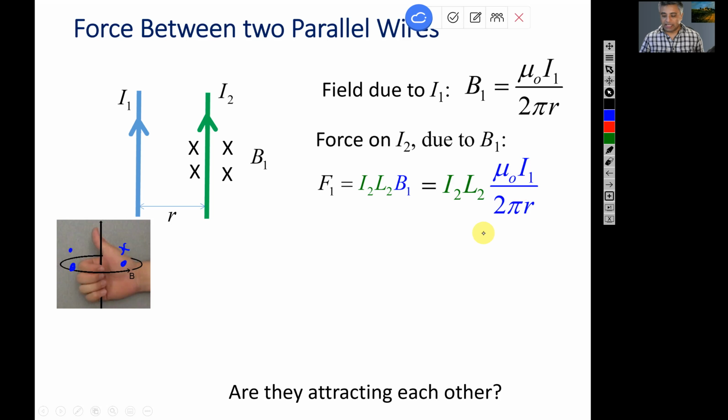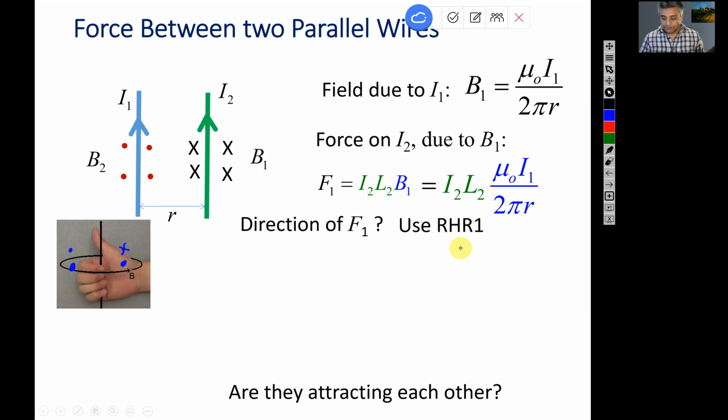So I'm writing that. So that's the force experienced by wire number 2 because of the current in wire number 1. If you like, you can write F12 or F21. Now, how about the direction of F? We already talked about it. It's pointing towards the blue wire, right?